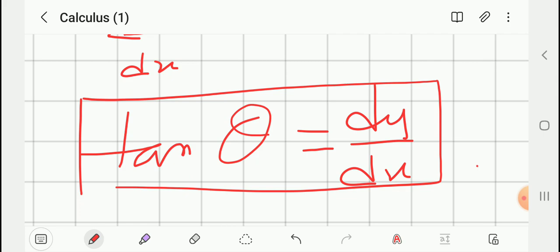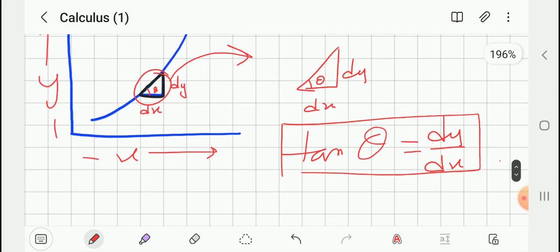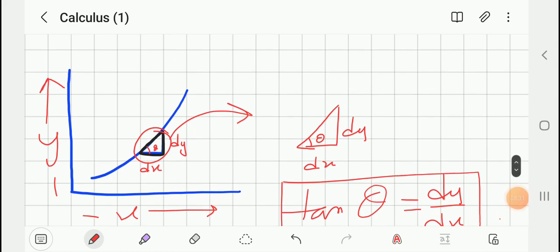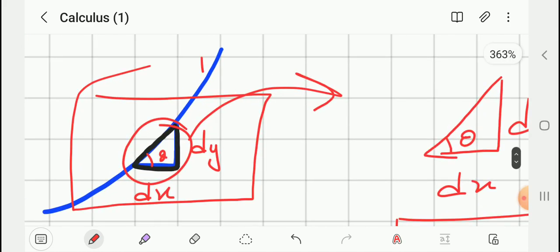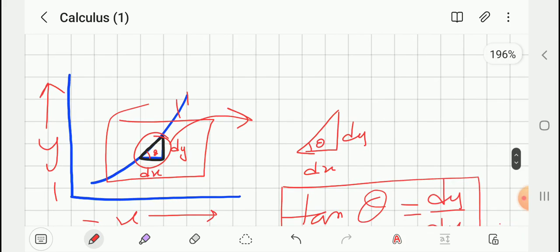This differentiation is very useful to find the slope of a curved graph. With its help we can find the slope at any point.